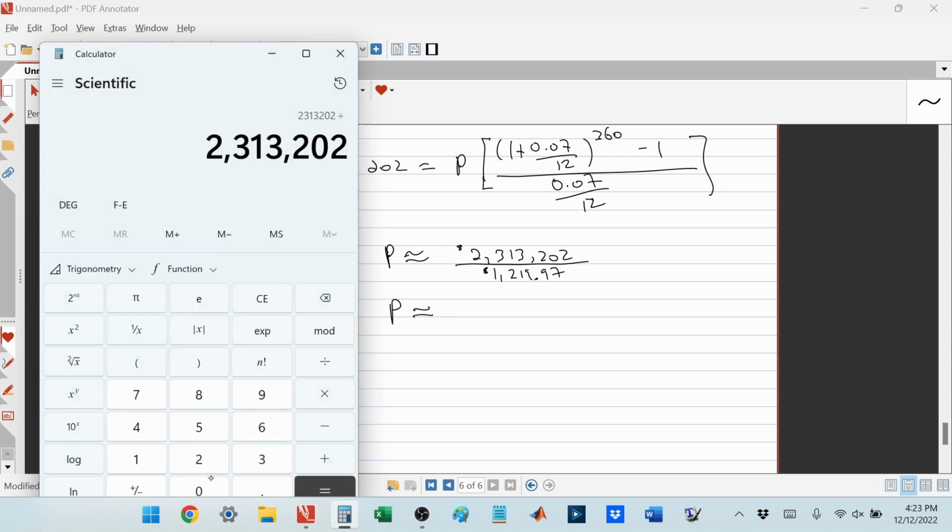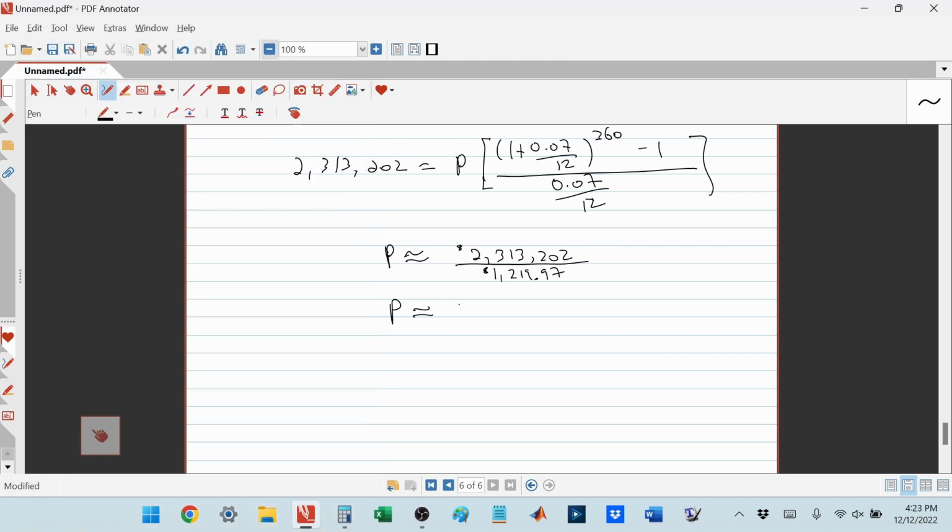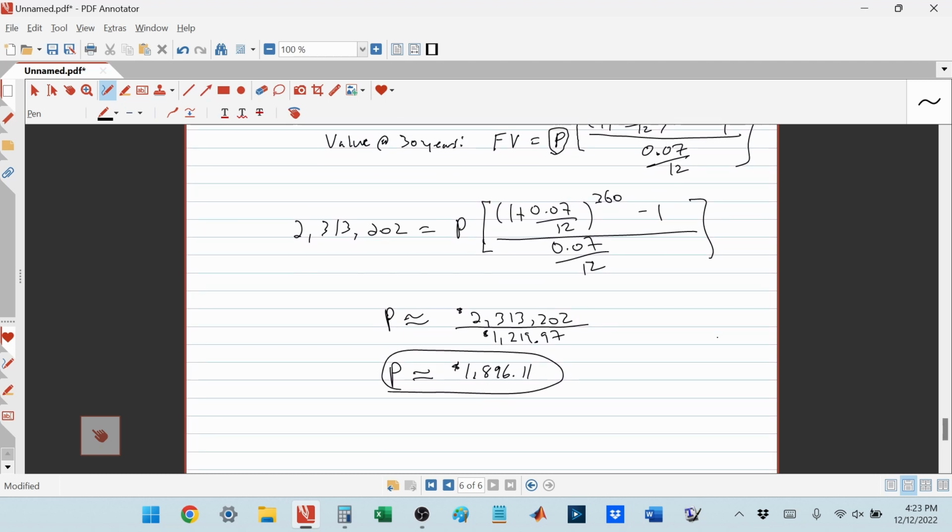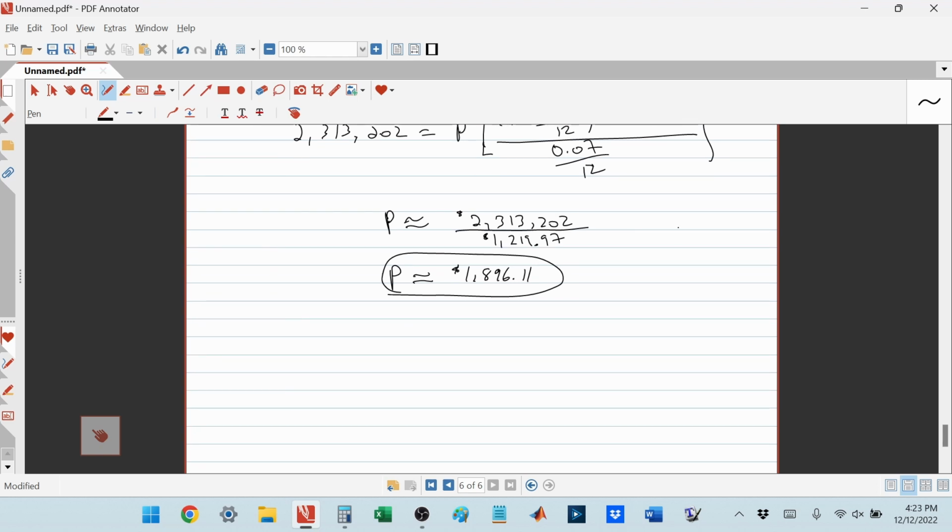Copy. And then we just want to divide that by, and now we just paste. And you get $1,896.11 per month. So that's the answer to the question. Every month, the bank's going to charge you that much for the mortgage.